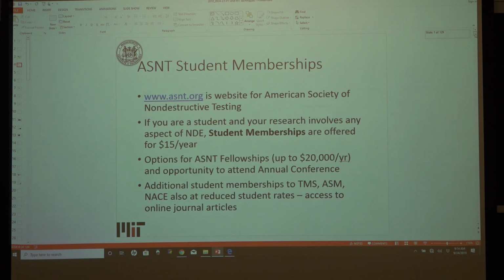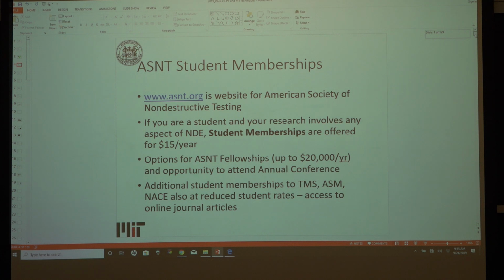For non-destructive testing in the US, the organization is the American Society for Nondestructive Testing. You can sign up as a student for only about $15 a year, and then you get access to the journal articles, an entire digital library. If you use one or two journal articles in your research, it more than pays for itself.